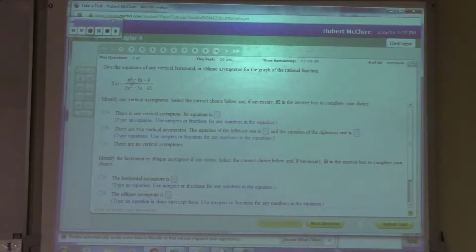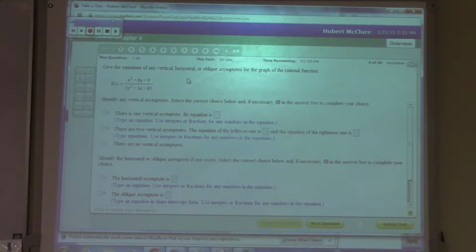If you plug 0 in for this, you get 9. You plug in 0 for this, you get 65. Negative over negative is a positive. So your answer is going to be 9 over 65. Can't divide 3 into it, so it's going to be 9 over 65.